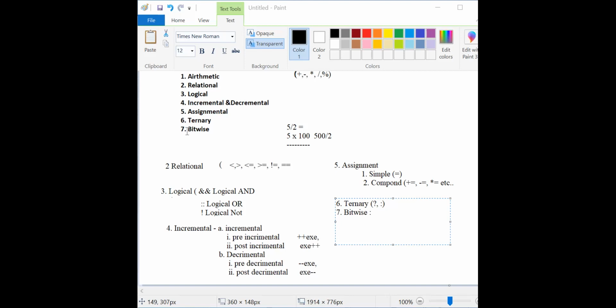Assignment operators. What is the use of assignment operators? How many operators are involved in the assignment operators and ternary operators? Whenever you know the functionality of those operators, then only, whenever that functionality is required in your program or development, you can go, okay, this many operators are involved in the ternary operator.